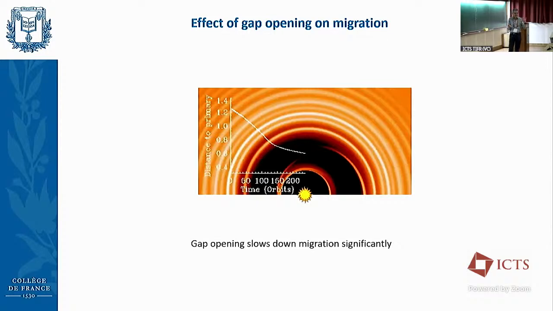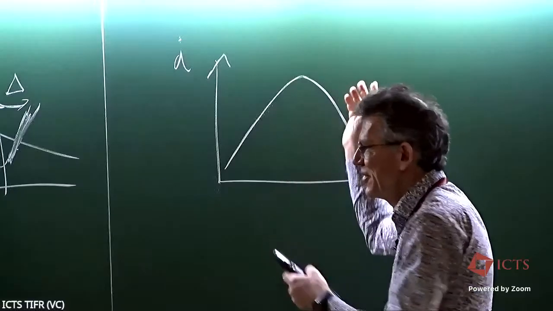Giant planets migrate more slowly than small planets. So we have this situation that in type 1 migration, the bigger the planet, the faster it moves. But this does not go on forever. If the planet is too massive, it starts to open a gap, and then migration slows down. So in some sense, the migration rate as a function of the mass of the planet is something like this, more or less.